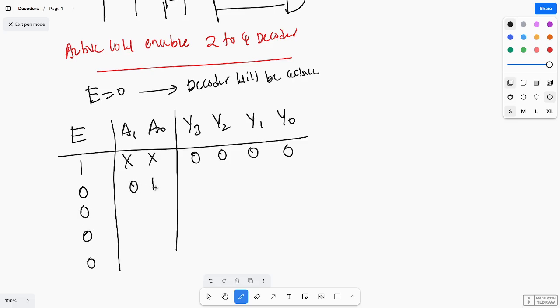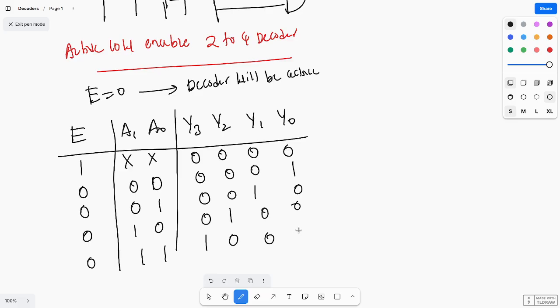So 0 0 means Y0 will be 1, 0 1 means Y1 will be 1, 1 0 means Y2 will be 1, and 1 1 means Y3 will be 1. Like this. So how will the block diagram look?